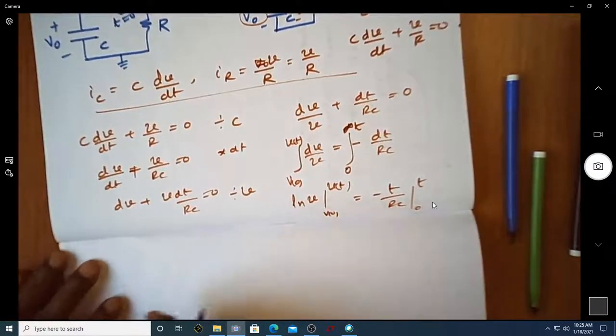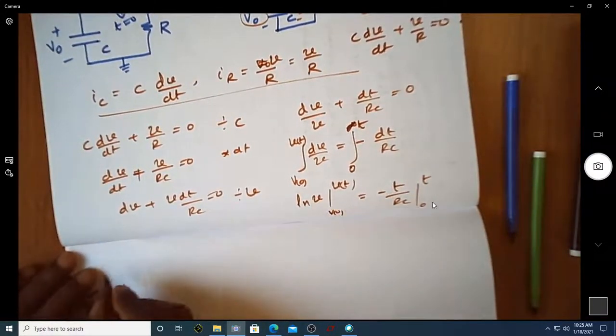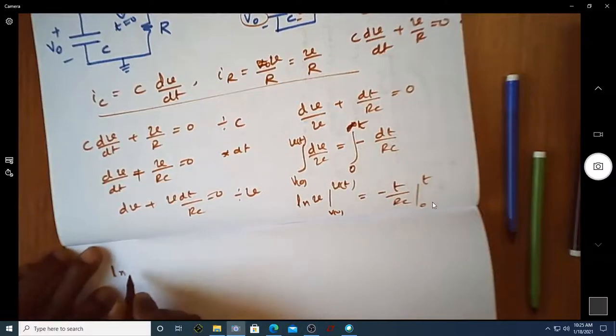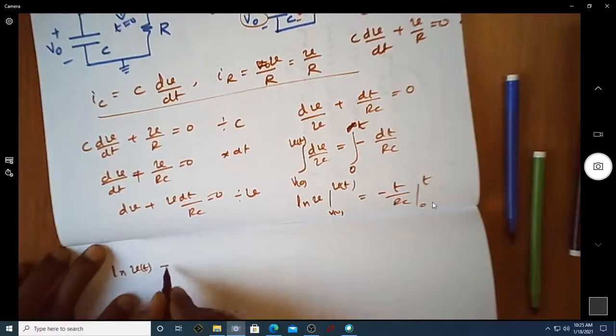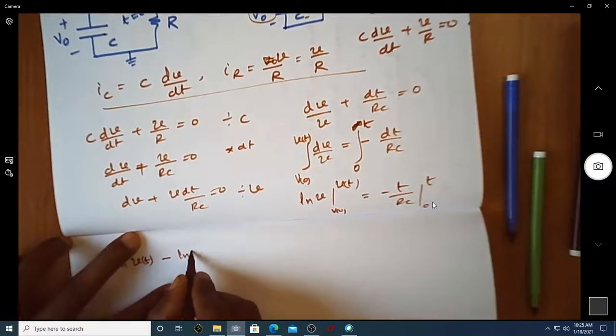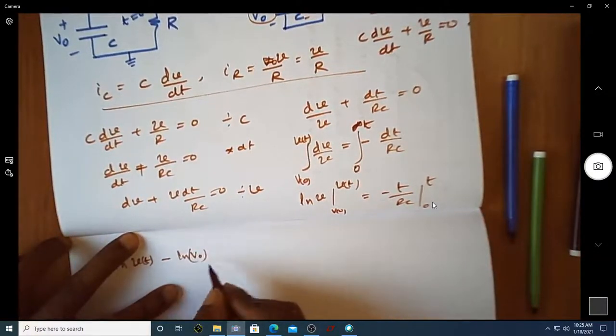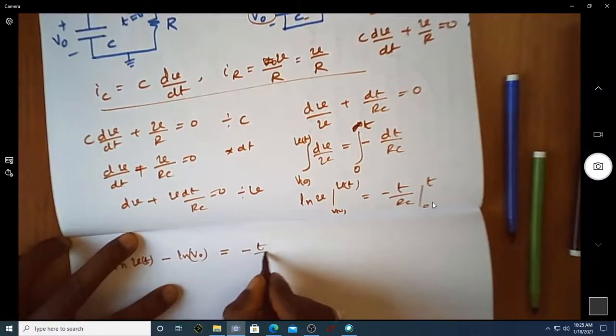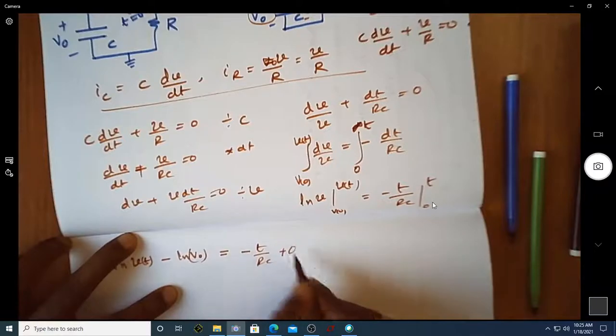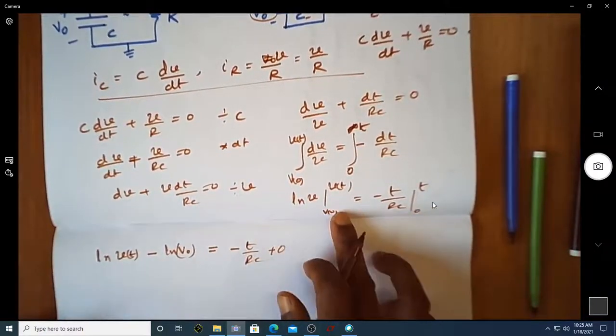So we can rewrite by applying the limits. We can write it as ln of v, minus ln of v naught, and this is equal to minus t by RC plus 0. Now we are simply applying the limits.